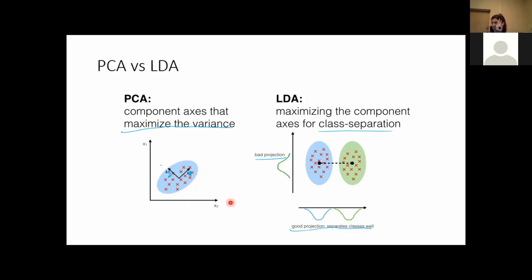Don't think that they are the same, because some students think that LDA is like PCA but for separation. This slide is for someone who couldn't differentiate the approaches because the names are quite close, PCA and LDA.